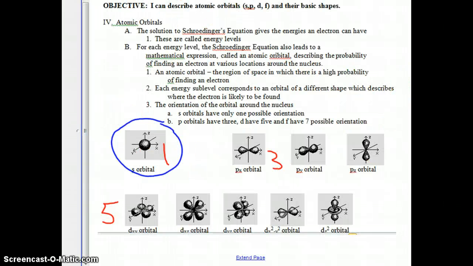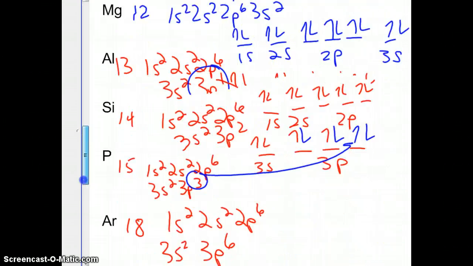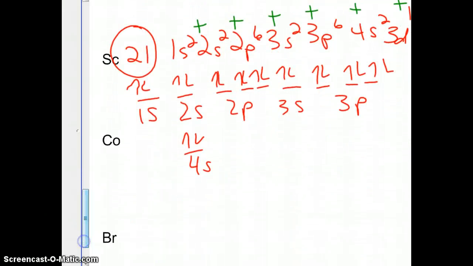Well, if you go back to this page in your notes where I showed you the orbitals, how many d orbitals are there? I count 5. So whenever you hit the d orbital, you're going to have to write down 5 dashes. So after 4s2, 1, 2, 3, 4, 5. This is your 3d, and I just put in 1.